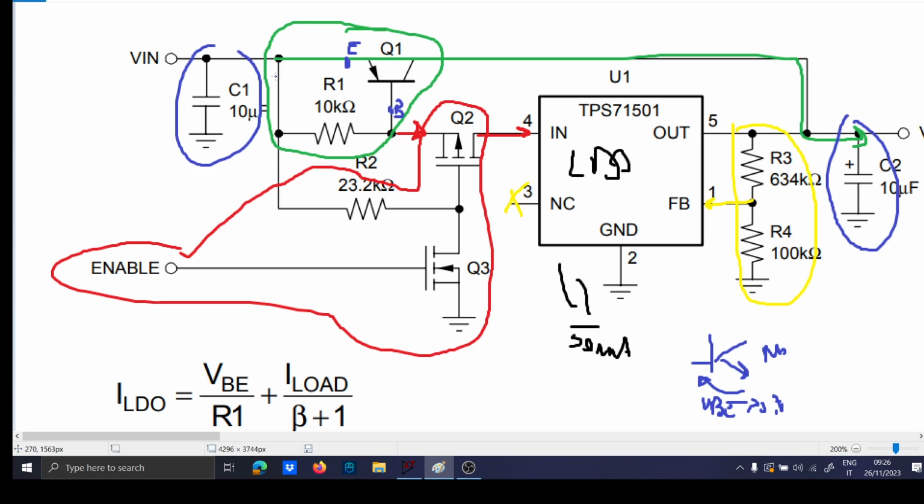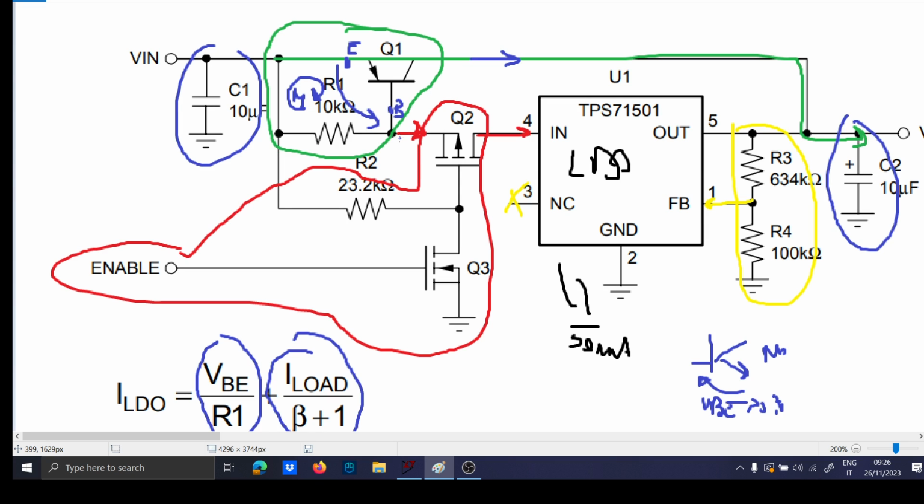Now in the PNP it is the contrary, so you study the VEB instead of the VBE. By the way, you perform a first Kirchhoff law here, and then you will find with some simple calculation that the current flowing here is the load current over beta plus 1, plus this contribution here, which is basically given in this branch.